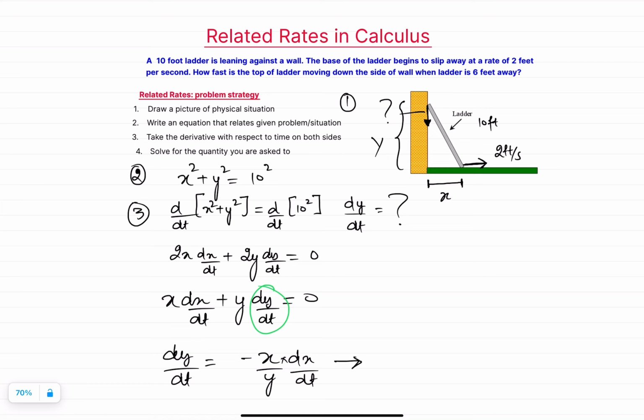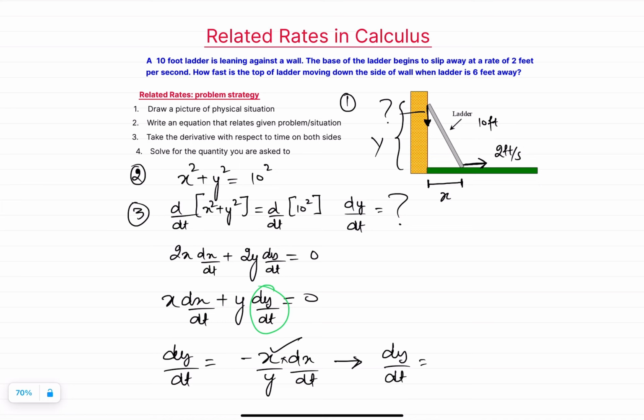And dy by dt is equal to... x. The length is x. That means when x is 6 feet away, I mean when the length of x is 6 feet, we got it.